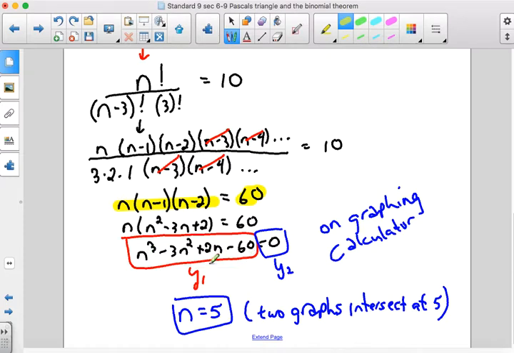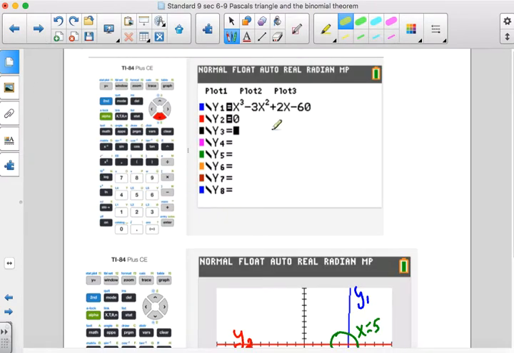But what I plan on doing instead is I'm just going to put this into a calculator. And I'm going to put this side of the equal sign as y1. This side of the equal sign is y2. I'm going to do the whole second trace, calculate, intersect, enter, enter, enter, and I find out that they intersect at 5.